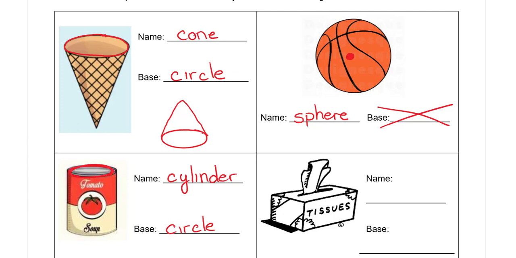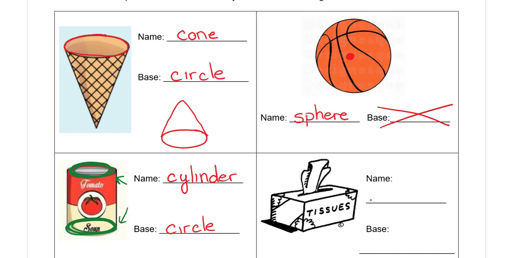So here is the base up on the top, that's a circle, and then it would have a similar base on the bottom. So it does in fact have two bases, one on the top and one on the bottom, that are parallel to each other, just like our definition of a prism. But we don't consider it a prism because those lateral sides are round. A prism has flat lateral faces.